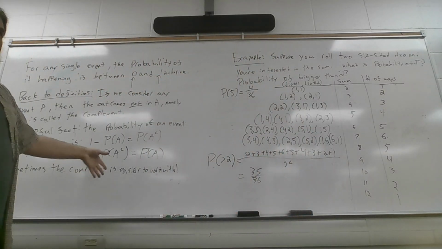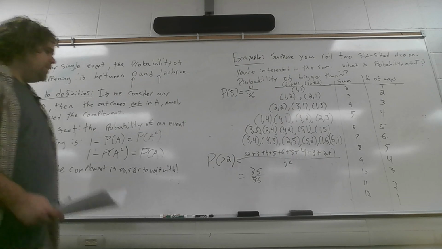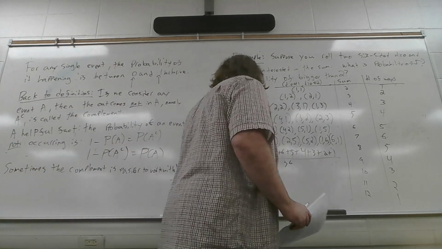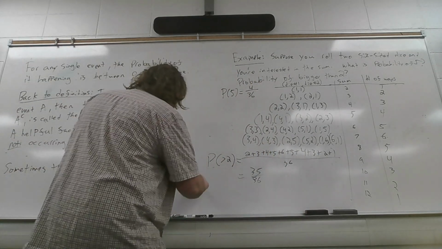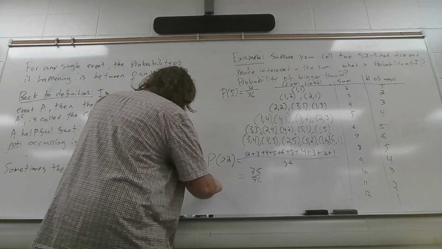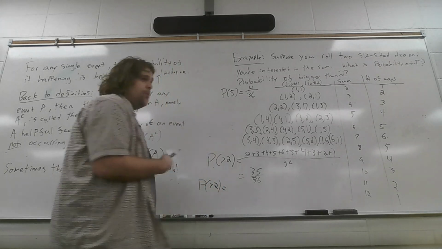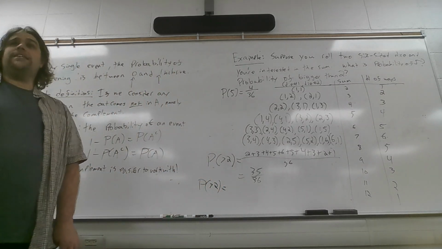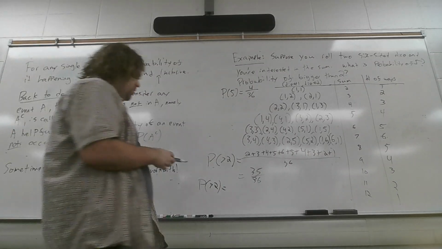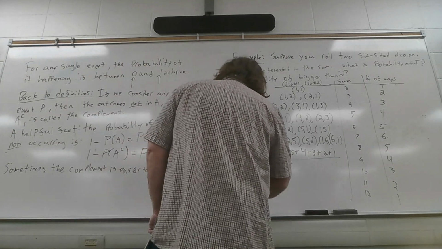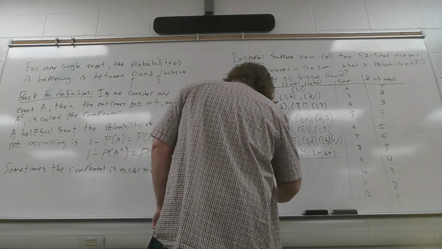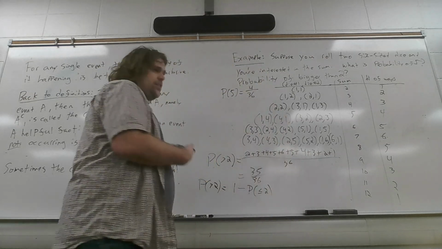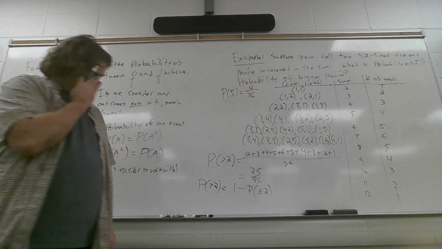But this result lets us save a lot of the work, right? This result tells us, if we want to know the probability of being bigger than 2, what's the complement of being bigger than 2? Less than or equal to 2. When we're talking about complements here, we just flip the sign.